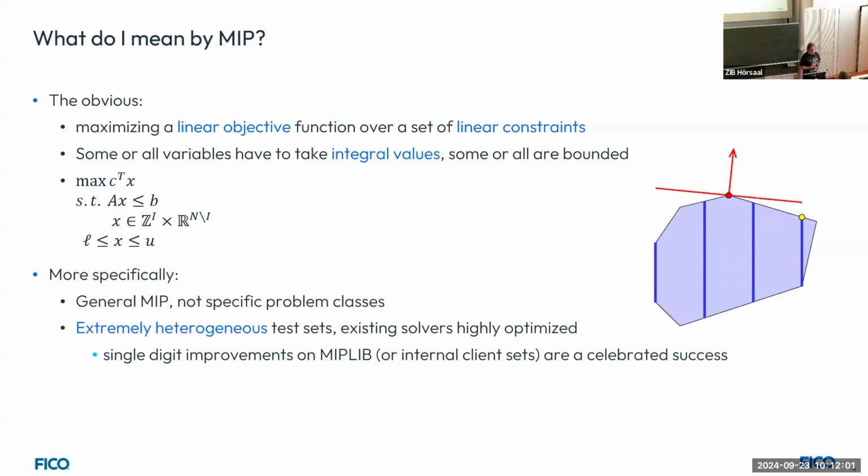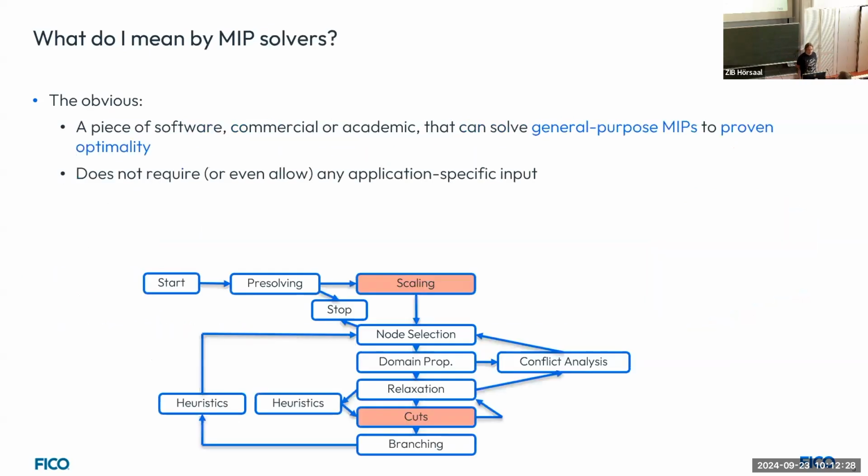All that I want to look at here is extremely heterogeneous test sets like MIPLib or the internal client test sets of commercial solvers, which, as a side note, means that the existing solvers are already highly optimized towards those test sets. And as we saw in the first week, achieving like 1 to 3% improvement is considered a big win for such a test set.